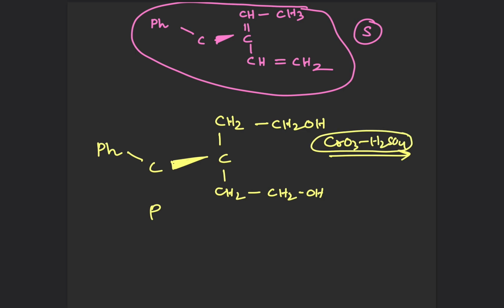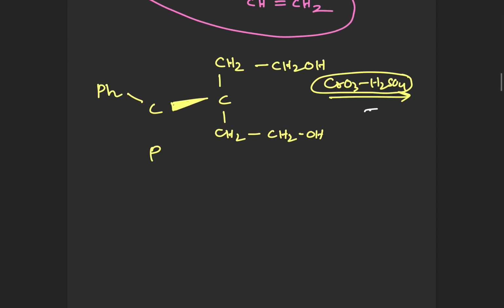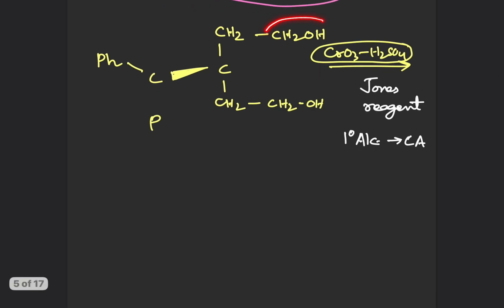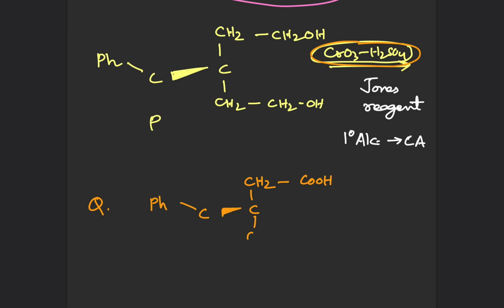This is known as the Jones reagent, and the job of this reagent is to convert primary alcohols to carboxylic acids. Obviously this group will become COOH, this group will become COOH. So when we treat P with Jones reagent, we'll get PhCH=CH, CH2COOH and CH2COOH. This is our Q.